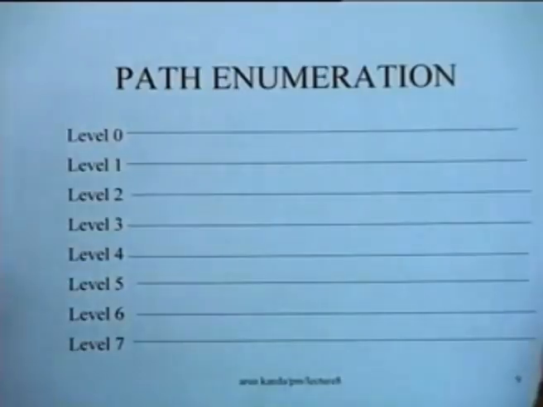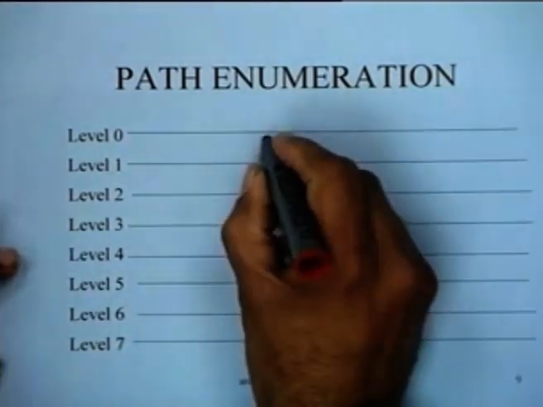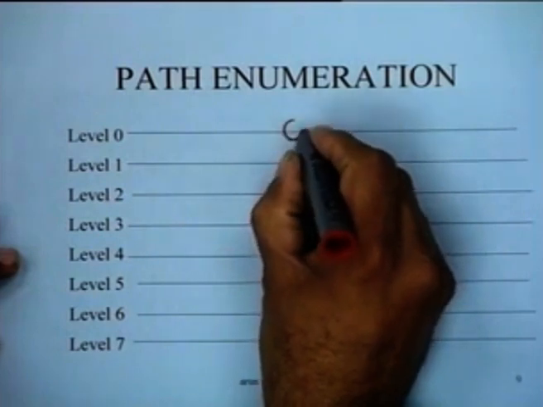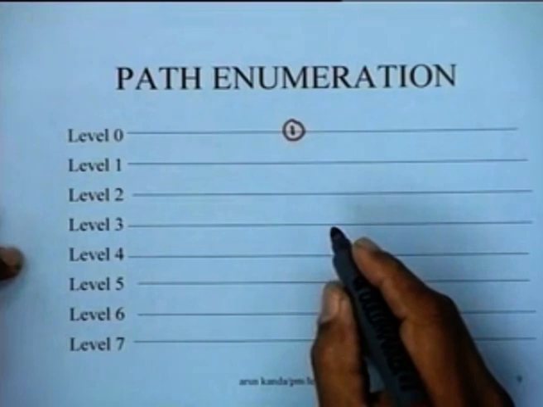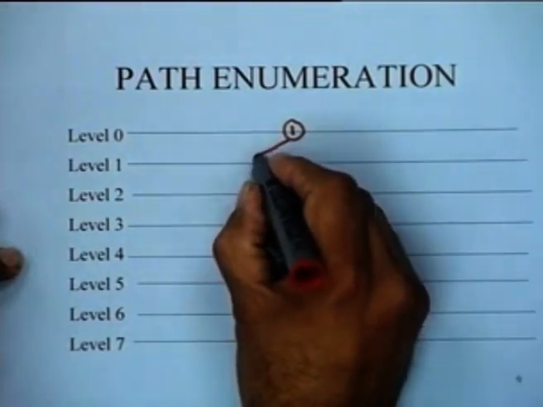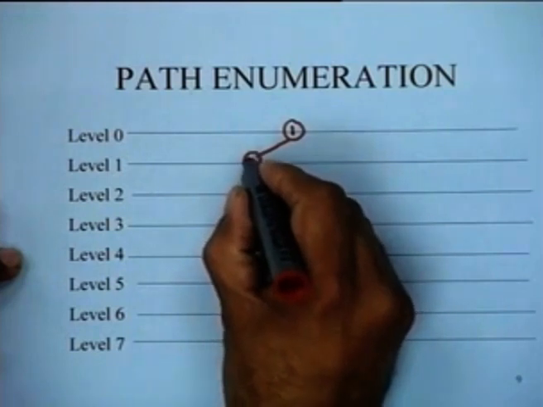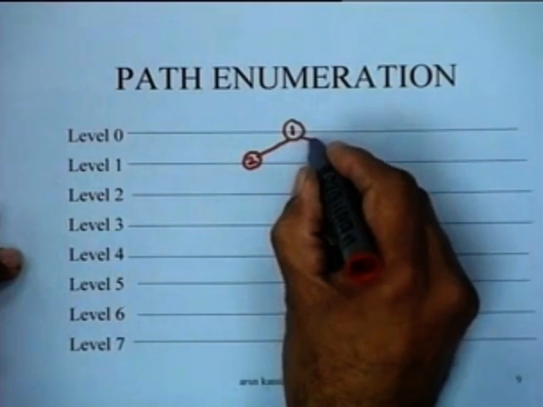Let us try, for instance, the starting node of this network is node number 1. So, I begin with the starting node 1 here. From node number 1 in the network, there is an arc which goes to node 2, or there is an arc which goes directly to node number 3.